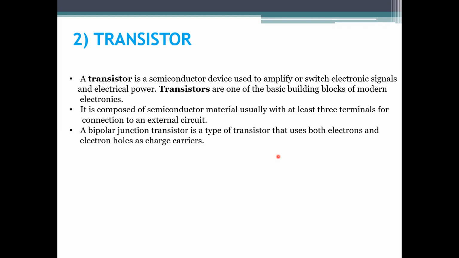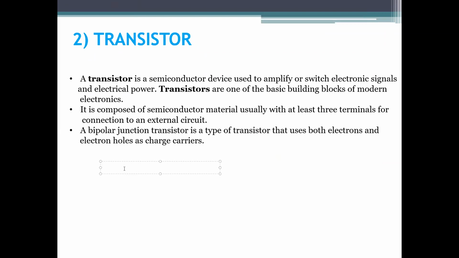The transistor is also a PN device, but with 2 PN junctions and 3 terminals. The first one is your emitter, second is your base, and third one is your collector.